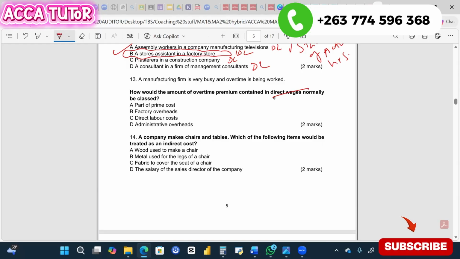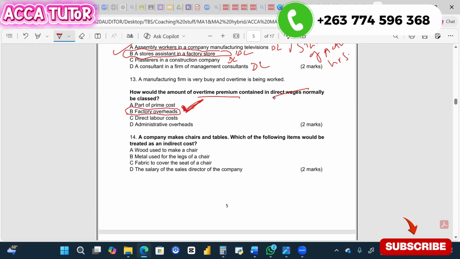Yes, overtime premium is an indirect cost, it is an overhead, unless when... Here the answer is correct. You are right.